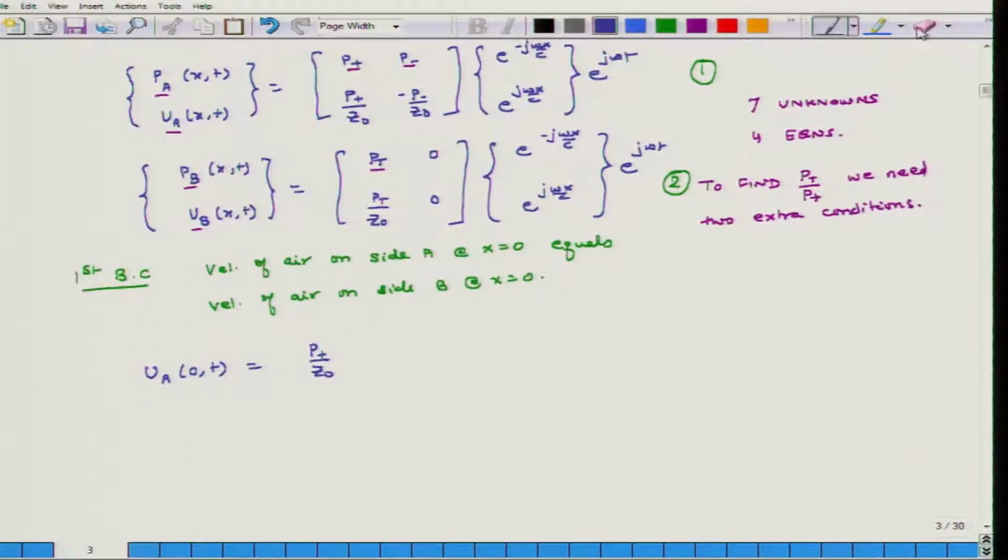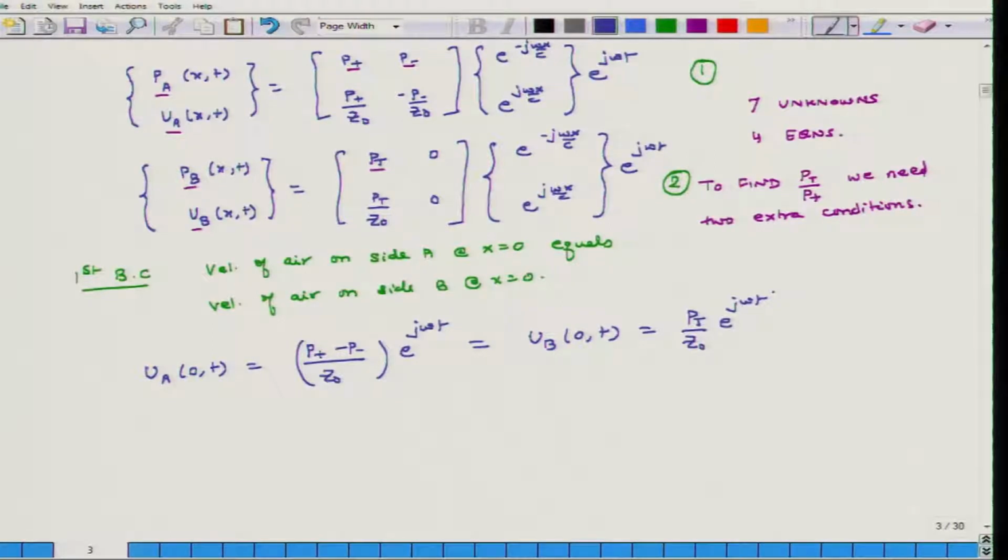So, what I will get is (P plus minus P minus) divided by Z naught, e^(jωt), and that equals velocity on side B at x is equal to 0, which is equal to PT over Z naught e^(jωt).